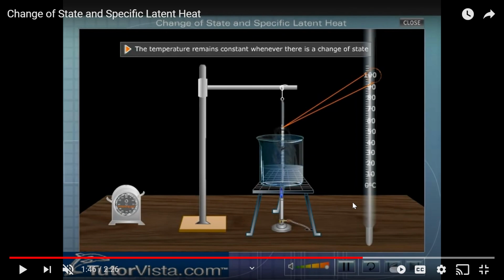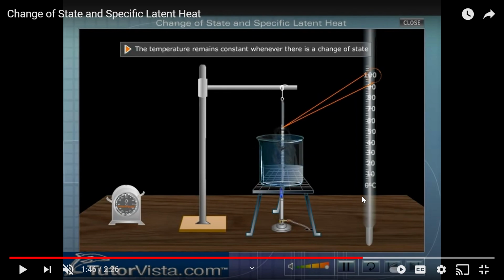Student B is having 0 degree plus some heat which is hidden, which is not being seen or caught by the thermometer. Why? Because that heat is used up in breaking the bonds of the molecules, so that it can change from solid state to liquid state.